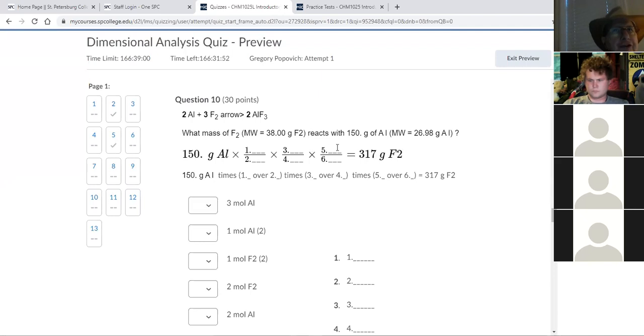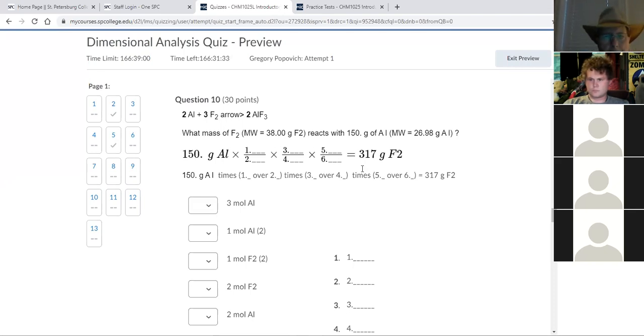Finally, last step, I've now got moles of my unknown. My last step is I need to take moles of my unknown, create grams of my unknown by multiplying by the molecular weight over 1 mole.